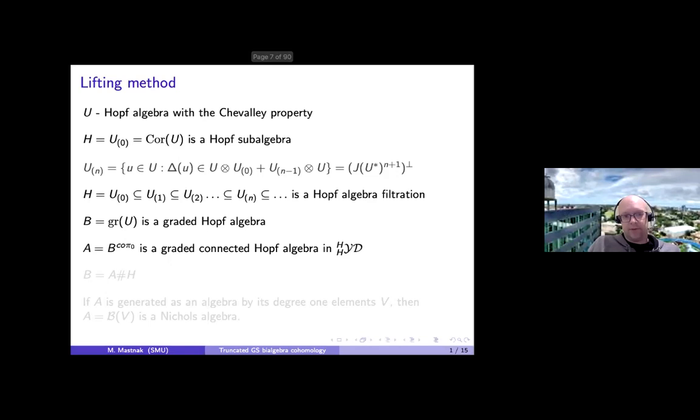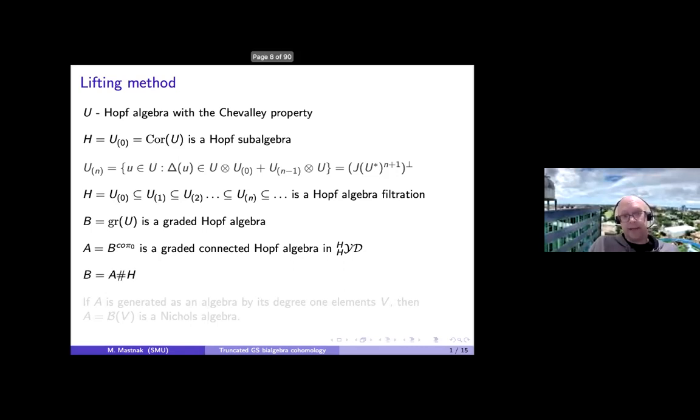And if we look at the coinvariants under this projection to the zeroth piece, that is a graded connected Hopf algebra, well, not in vector spaces, but in the category of Yetter-Drinfeld modules over H, the co-radical of this initial U that we started with.